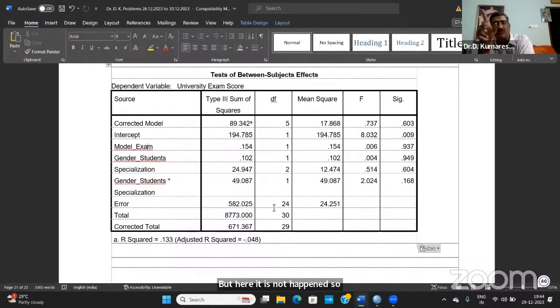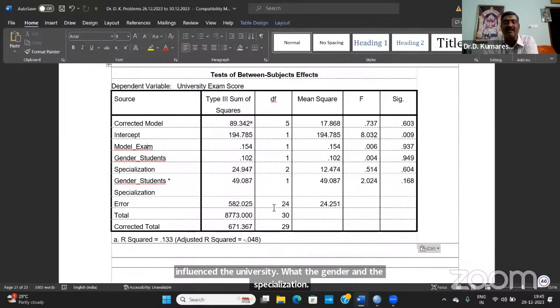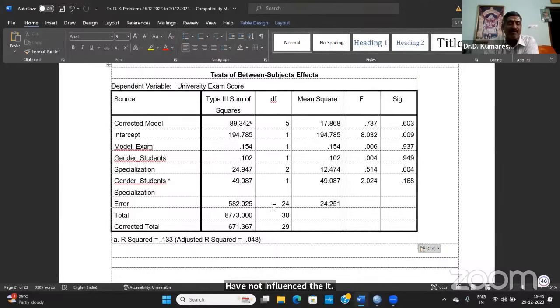Gender has not influenced the university exam. Specialization has not influenced the university exam. Both gender and specialization have not influenced the university exam marks. R square is less than 0.5. At least it must be greater than or equal to 0.5.